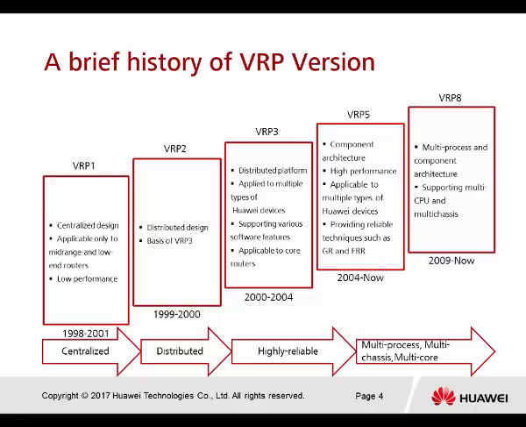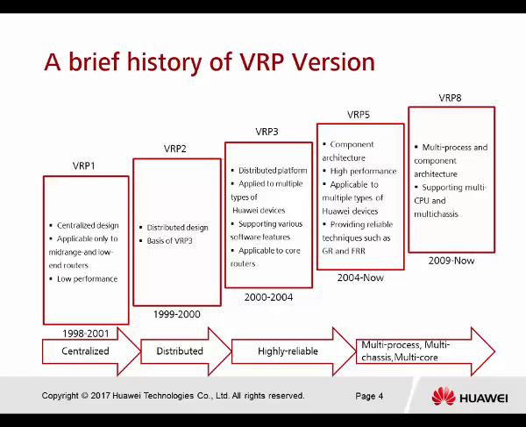Here is a brief history of the VRP versions. Currently the latest Huawei version is VRP 8. But of course VRP 8 is not supported on all devices. It's only for high-end devices that can use VRP 8. So most Huawei equipment is still using VRP 5. It supports the component architecture and has the highest performance compared to the previous versions, VRP 1, 2, and 3.